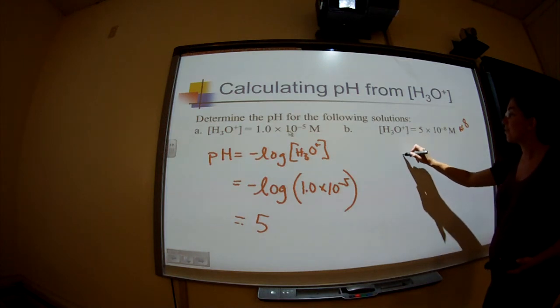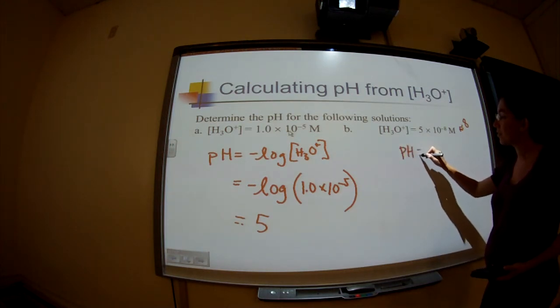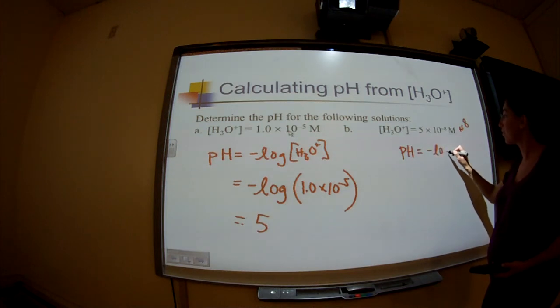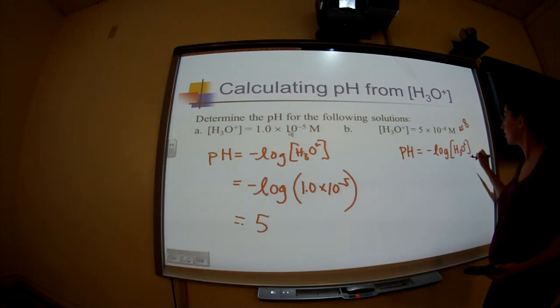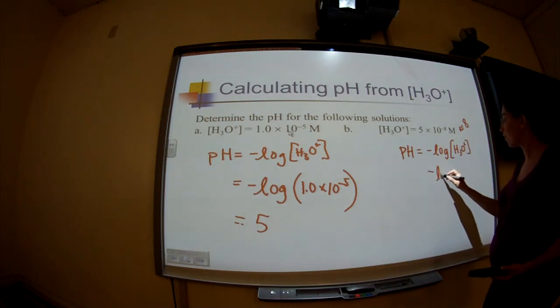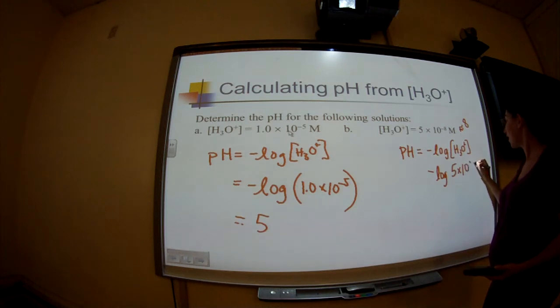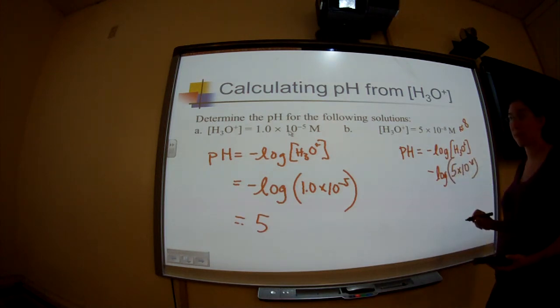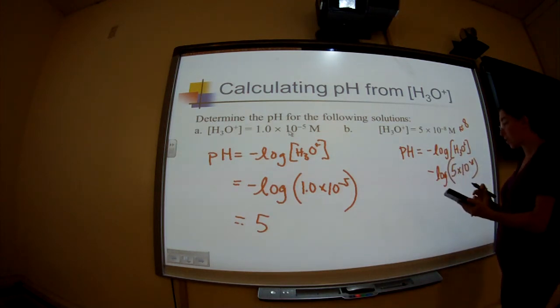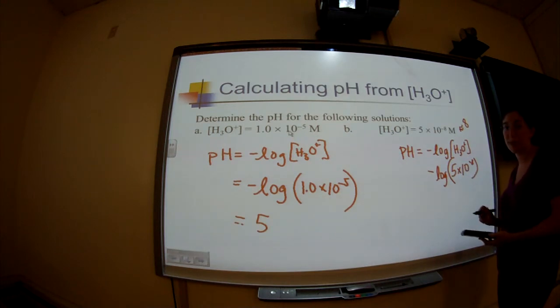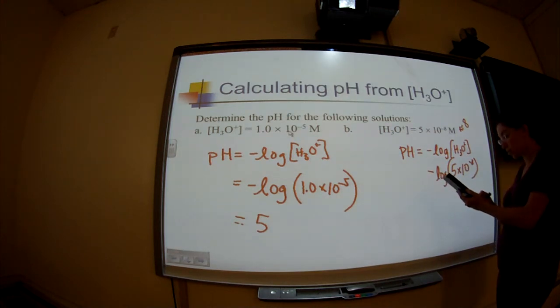So now let's plug in, take our equation. pH is the negative log of the hydronium ion concentration. So therefore it's the negative log of, in this case, 5 times 10 to the negative 8. All in parentheses. And your calculator might need you to use the parentheses as well. So those are all things to try.